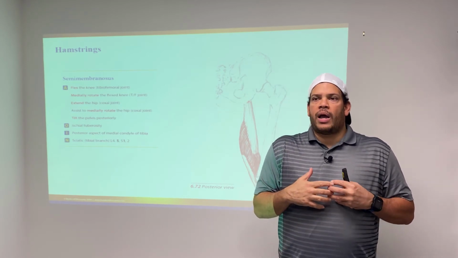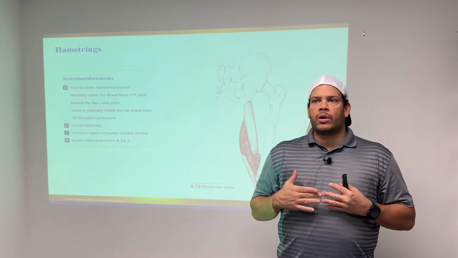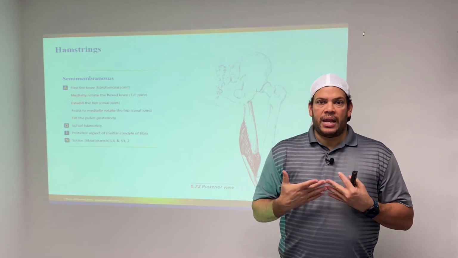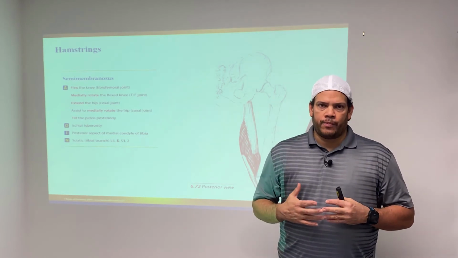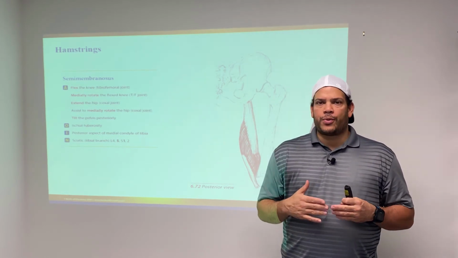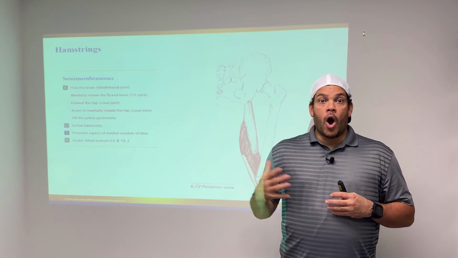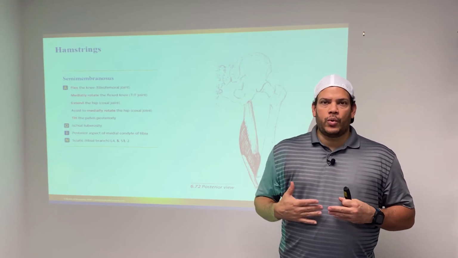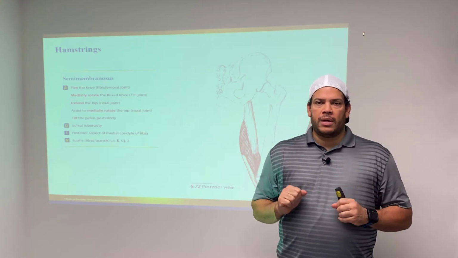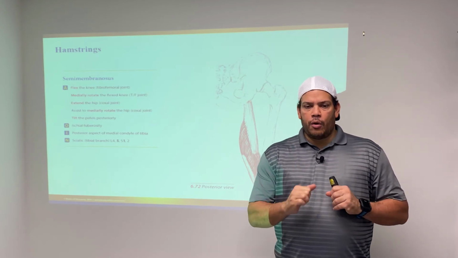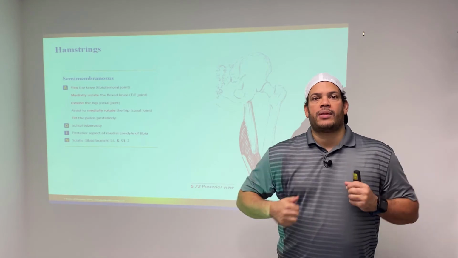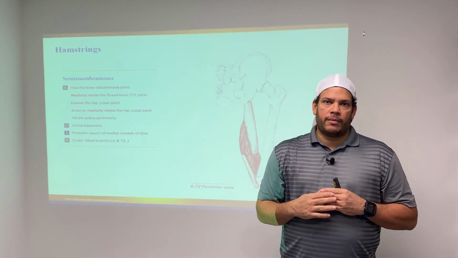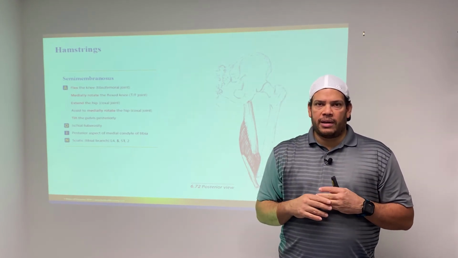So that's why it's a muscle that is more active in eccentric contraction than concentric contraction. If you really want to strengthen the hamstrings, the best way to do it is walking downhill. Because when you're walking downhill, you basically are braking as you go forward. Because if you accelerate, you will tilt yourself forward and fall down.